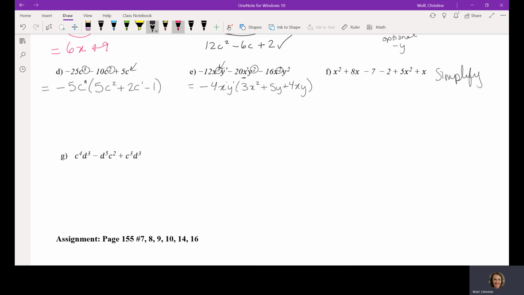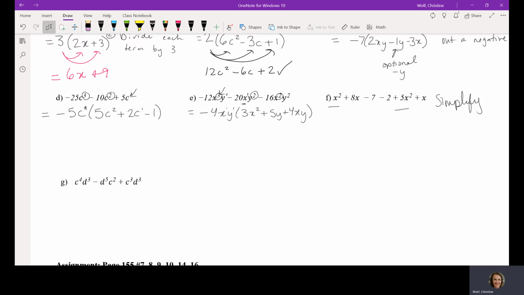I have an x squared and a 5x squared, don't I? So I could rewrite those as 6x squared because there's actually a 1 there. Because they come from the same family, they're both x squared, you can just add the numbers out front. Okay, now moving on, I have 8x and another positive x.